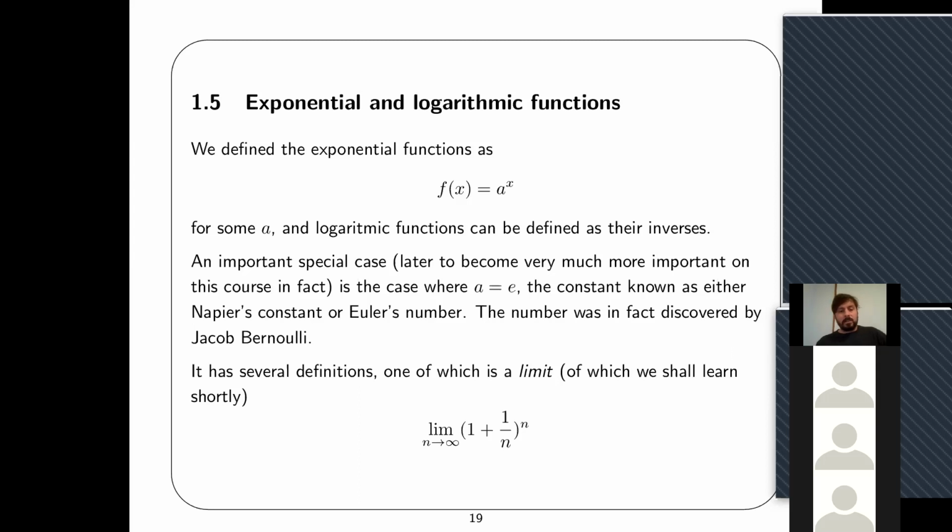One of the great properties is that if we take e to the x, you probably have heard of this already when you talk about derivatives. If you take the function e to the power of x, its derivative, which you will learn shortly to calculate, gives you the rate of how fast it's increasing.